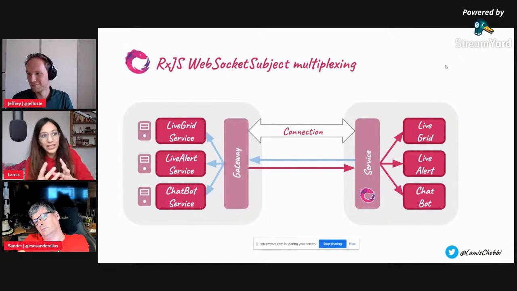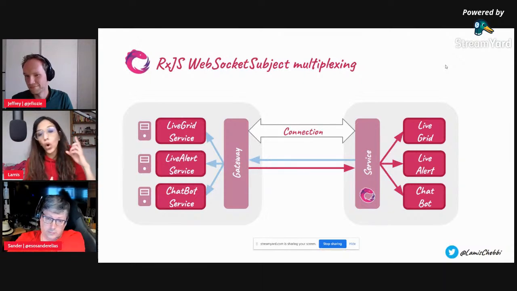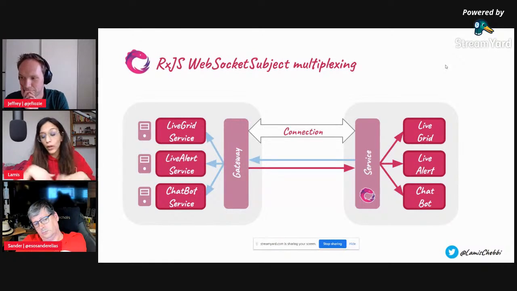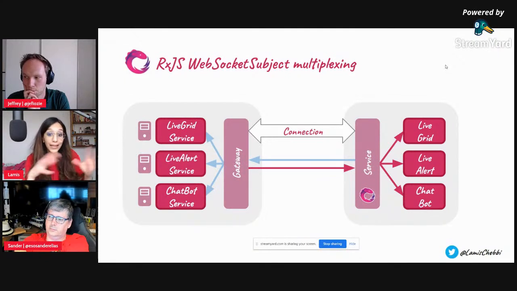You only have one gateway. You have to fix this in your server architecture, and in your front-end layer, you only point to one server. And this gateway will take care of routing the request to the adequate server component or service. Don't use many services and many WebSocket connections every time.